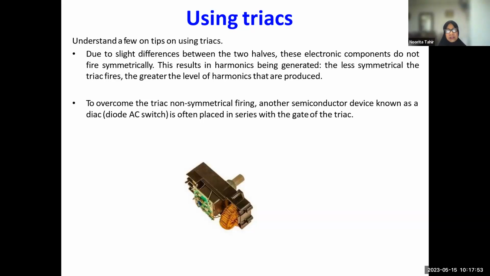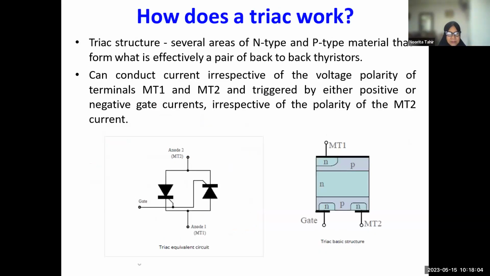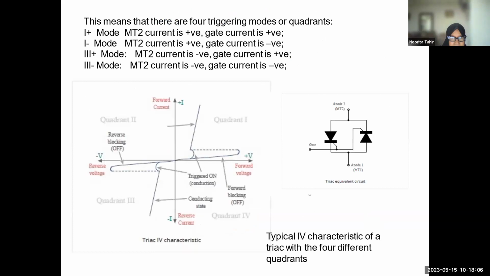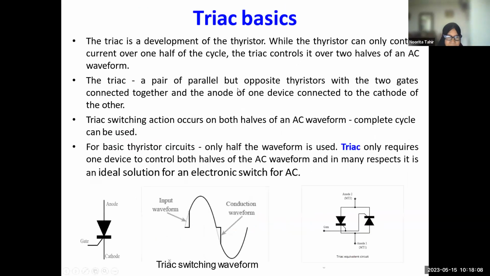So in nature, it is found that because of their internal construction, this triac has a slight difference between the two halves. If you see here, when it changes from positive to negative, it is not smooth like that, and vice versa when negative goes to positive.